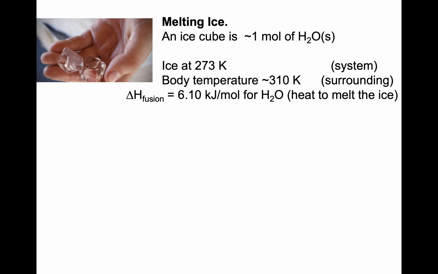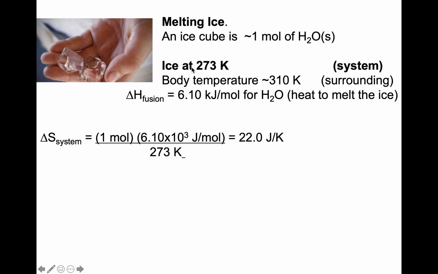So let's say the ice is at 273 K. We'll call that the system. We know that if we hold that in our hand, the ice cube is going to melt. The enthalpy change on that is the heat of fusion. So for our system, our ice cube, we would have the heat that was involved, the enthalpy change for 1 mole of it, divided by the temperature that's taking place.